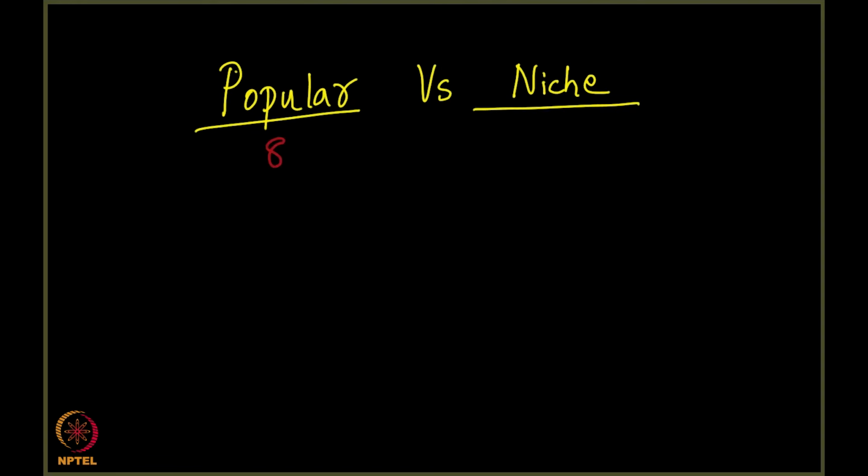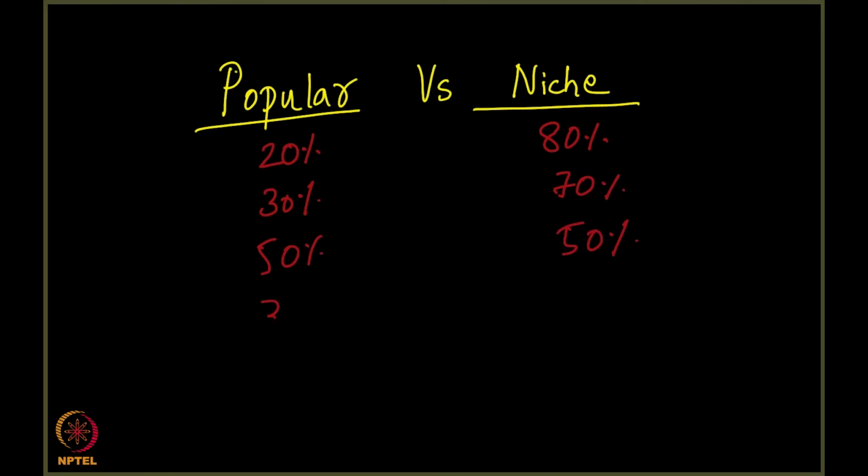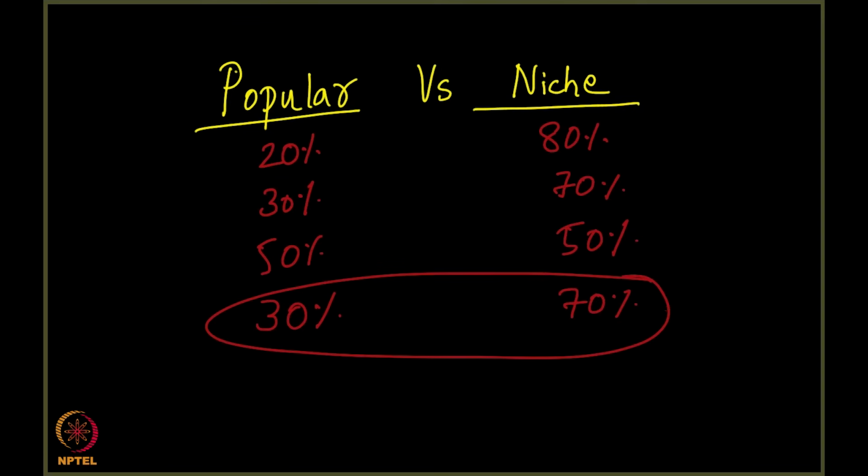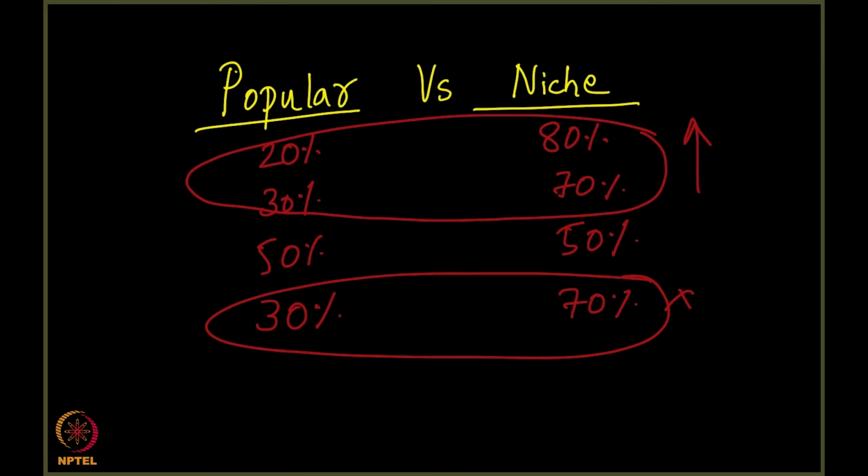It could be 80%, I'm sorry, this is whatever I said, 20% and 80%, or this could be 30% and 70%, or it could be 50% and 50%. It's always observed that something like this never happens. Something like this never happens. It is slightly on the higher side, the niche is on the higher side. Popular is slightly on the lower side, right?